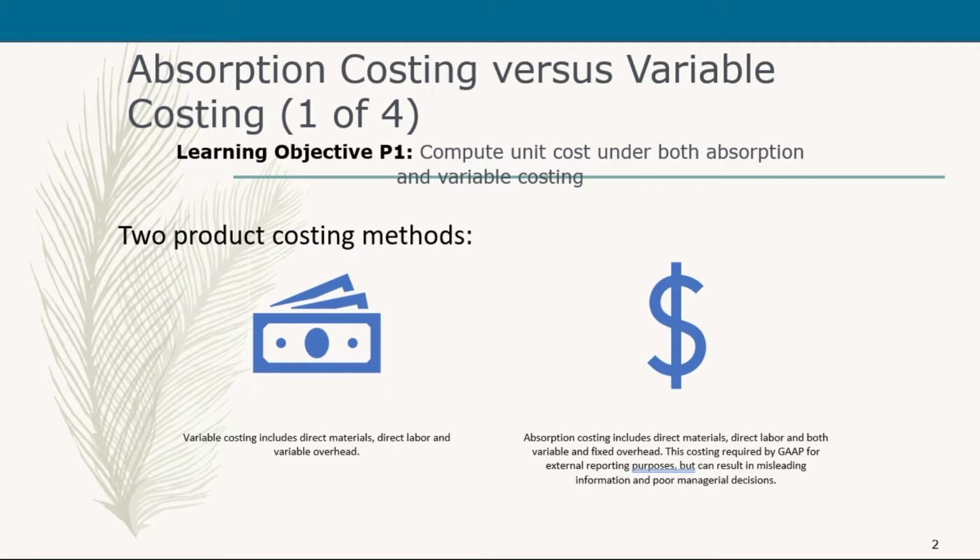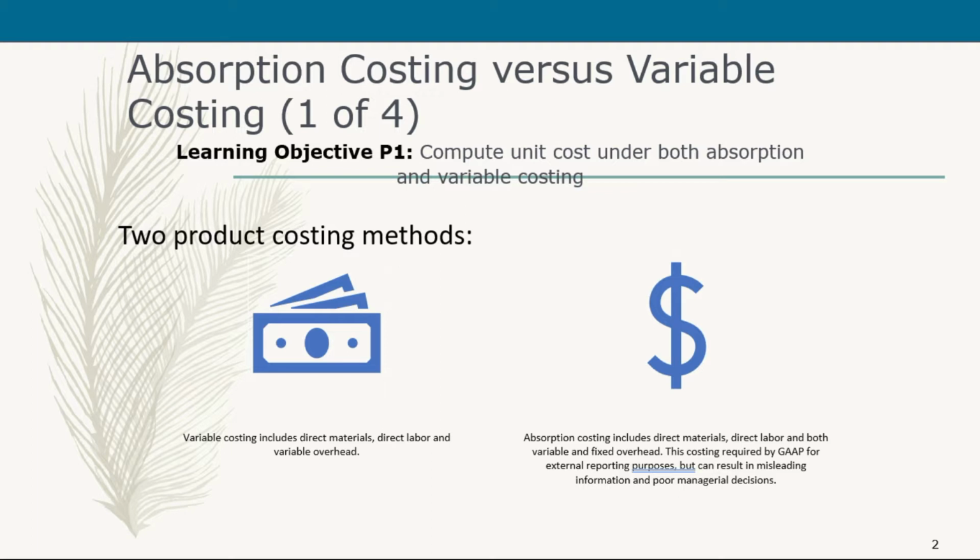Under this costing method, again, your fixed overhead is treated as a product cost, as I've mentioned earlier. Again, in the variable costing, your fixed overhead cost is treated as period cost, whereas in your absorption costing, it is treated as part of your product cost.